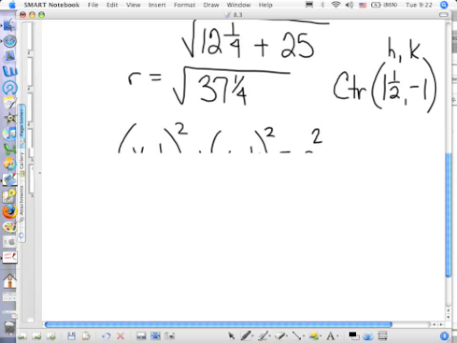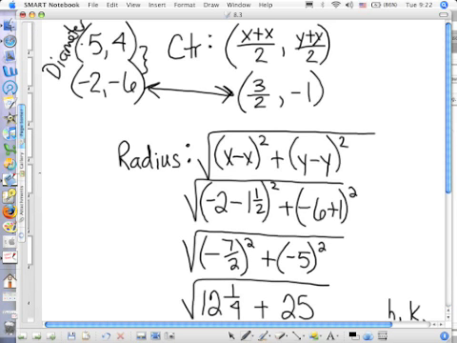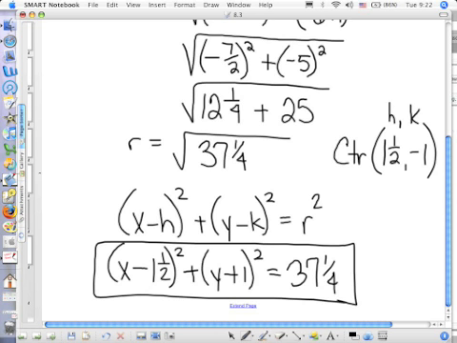Wait. How would you find like the square root of 37? Yeah, don't you have to find that? No, because I didn't ask you to graph it.